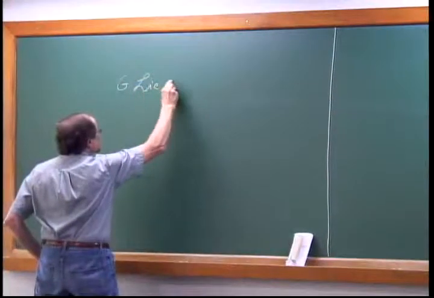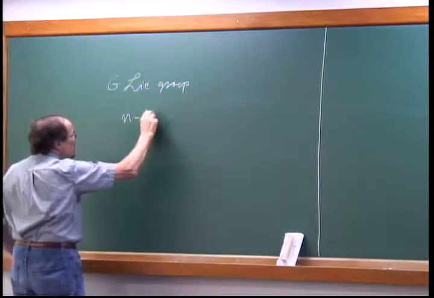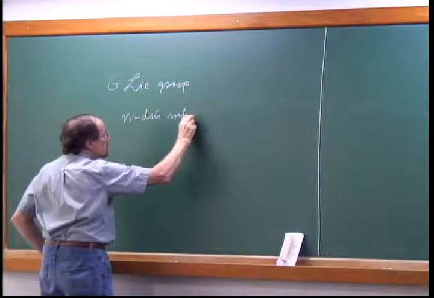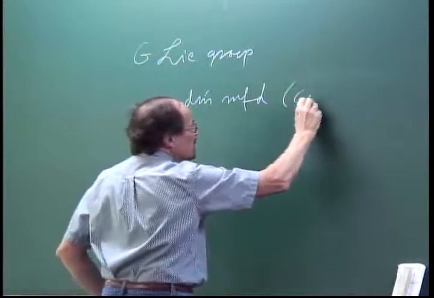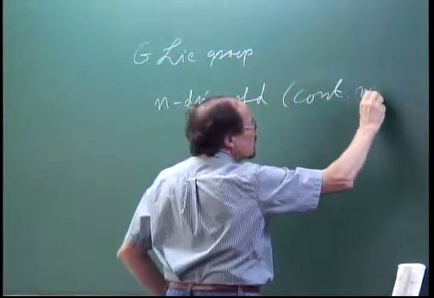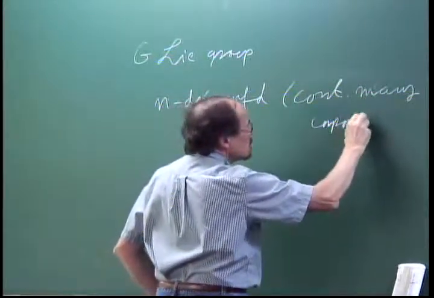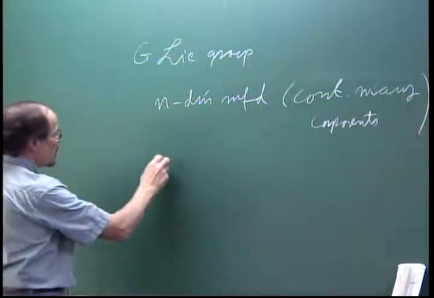So G is a Lie group. One condition is that it's an n-dimensional manifold. In particular, I include, as usual, that it has countably many components, so second countable if you want. And then it's also a group.